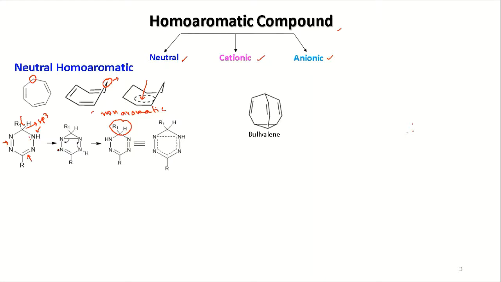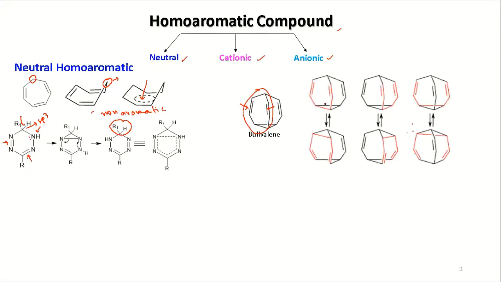Another interesting example is Wolverine. If you look at it, this is a pi, this is a pi. If you look at this particular cycle, you have 2 pi and 1 sigma bond. So Wolverine is another example of a homoaromatic compound.